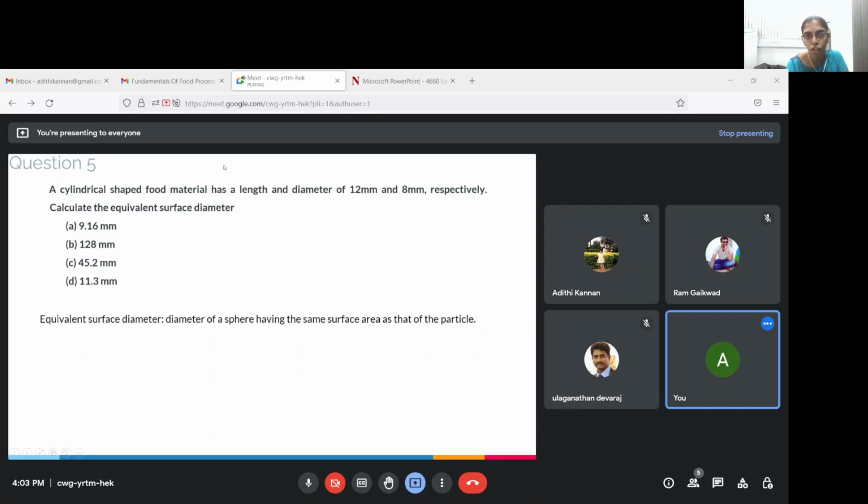So can you now figure out how to find the equivalent surface diameter? What is the logic behind this question? How to go forward? We calculate the surface area, and from the surface area we can use the surface area formula for the sphere. Yeah. From that we can calculate. Yeah. So what is the surface area of the cylinder that you are getting? Can you calculate?